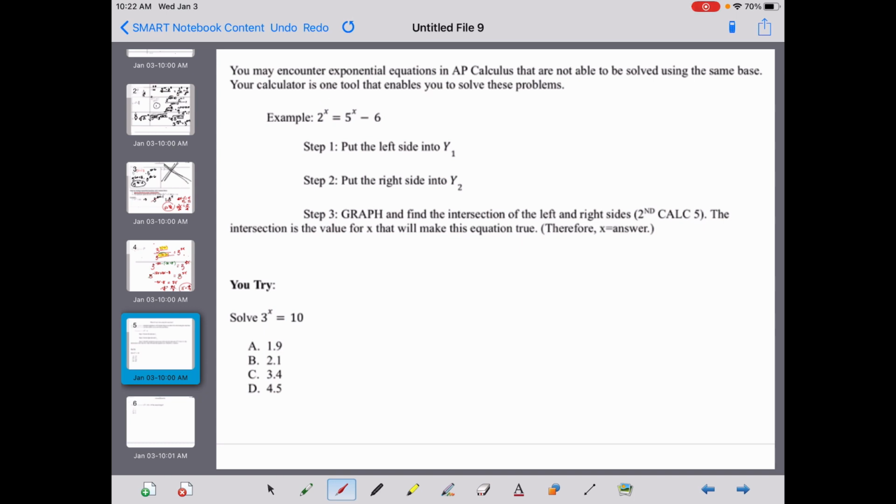Therefore, you will plug in the left side to y1 on your calculator and the right side to y2. Once you do that, you're going to find the intersection using second calc, 5. Those are the buttons you're going to click. I will show you with this first example, and you can try the next two.